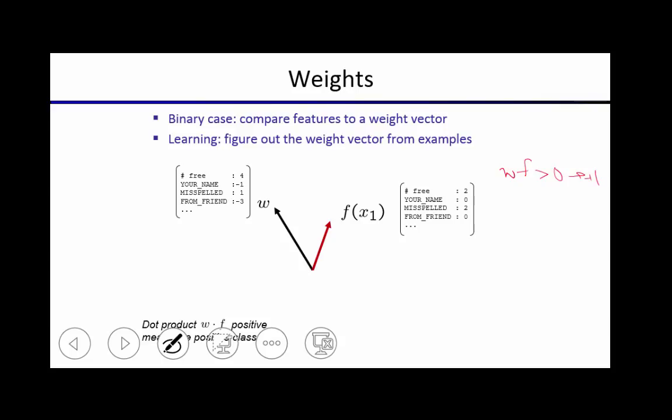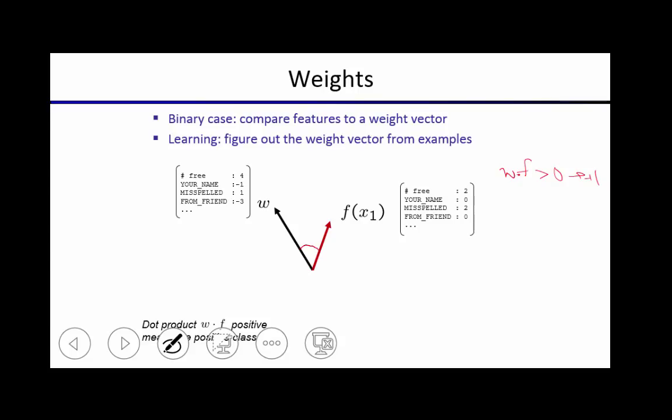Geometrically, the dot product is representative of the angle between these two vectors. If the angle is less than 90 degrees, then the dot product is positive.